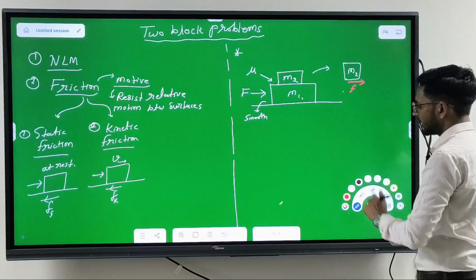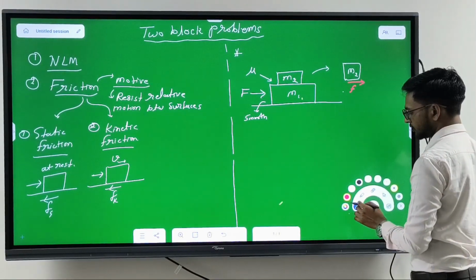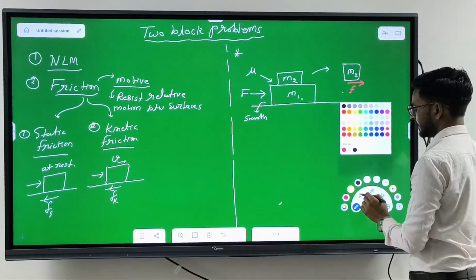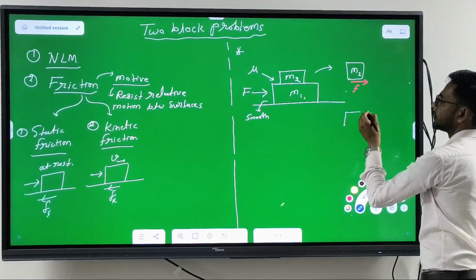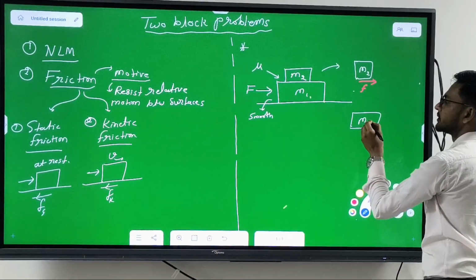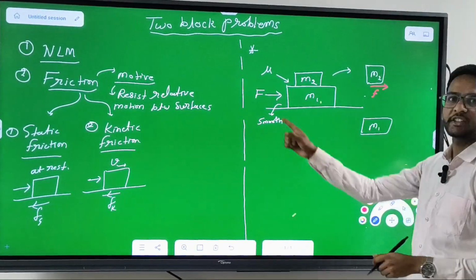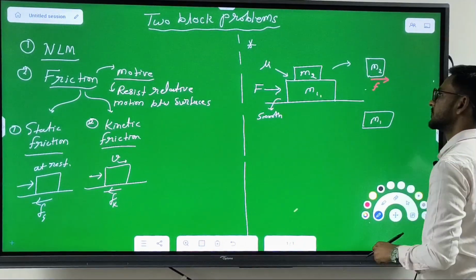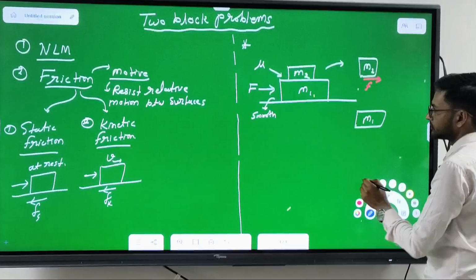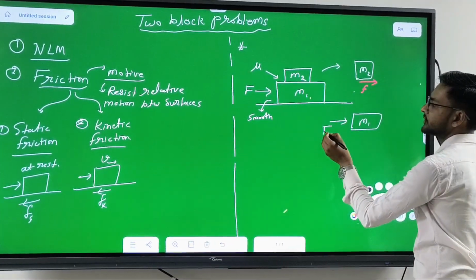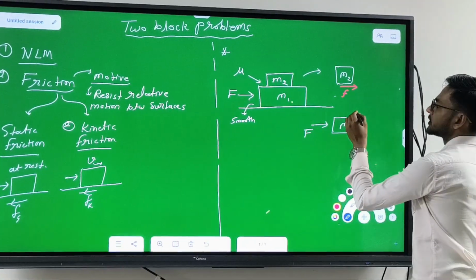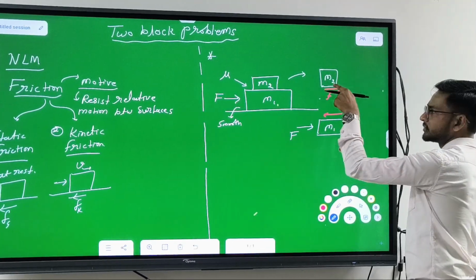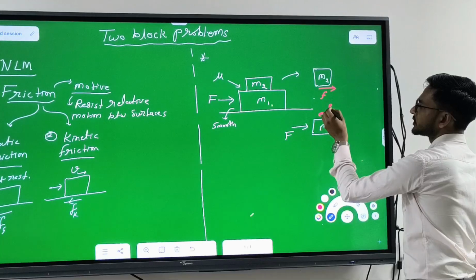And what about the M1 block? Let's draw the free body diagram of block M1. There is an external force acting on the block M1, and friction is also acting on it, in the opposite direction to that on M2.